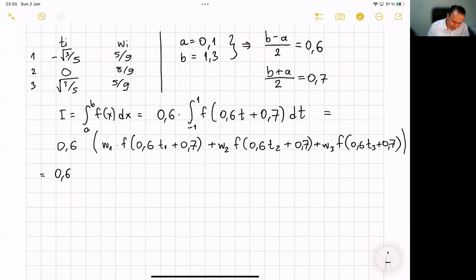This one will be 0.6 and then 5 over 9. This is the function. This is T1.